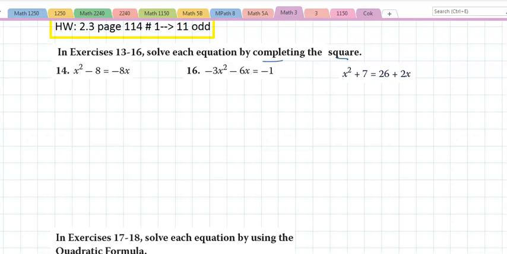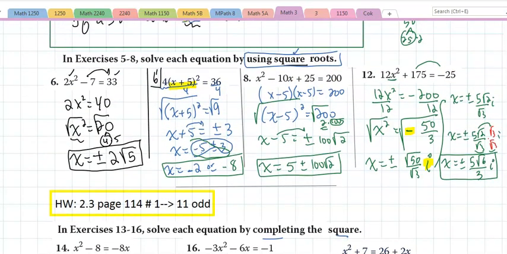Okay, the next process up is completing the square, and the idea is to take any quadratic and write it as a perfect square, sort of, or kind of like this right here. If I take this quadratic, this is really x squared minus 10x minus 175 equals 0.